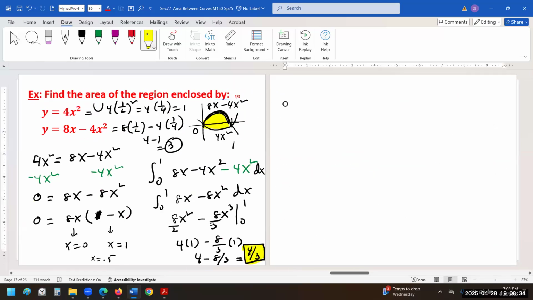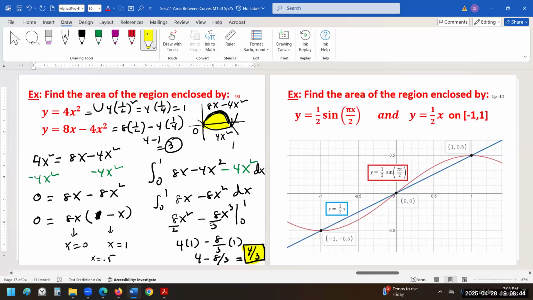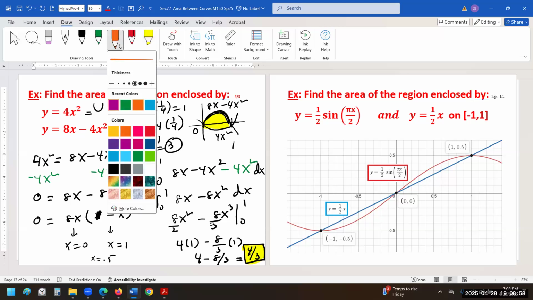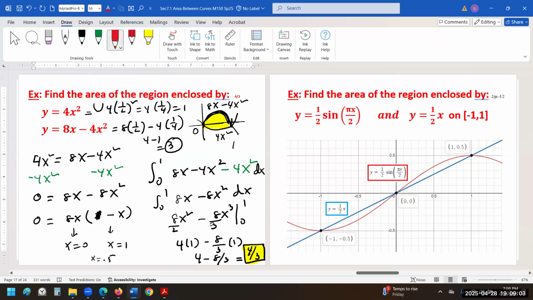Now for the second one, it will be easier if you use a graph. But if you're not good at your graph, then you have to do the algebraic approach. If you do use a graph, then we know sine is periodic.